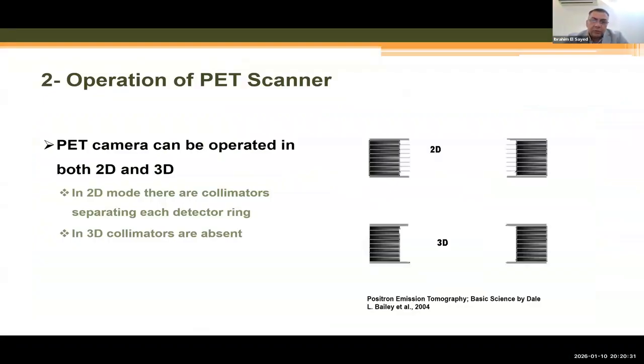They used lead septa extended between the crystals, so they attenuate all photons coming at an angle. For 3D, there is no septa, it is retracted, and it collects all the lines of response between any two opposite detectors.